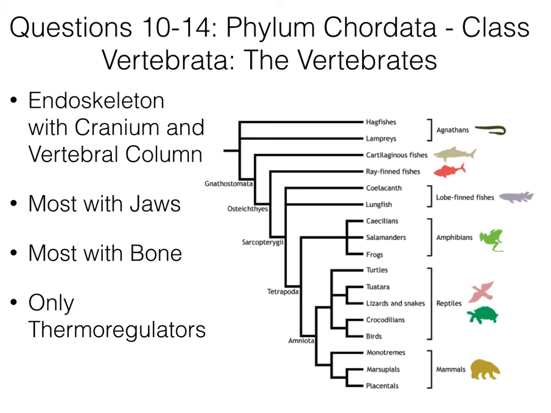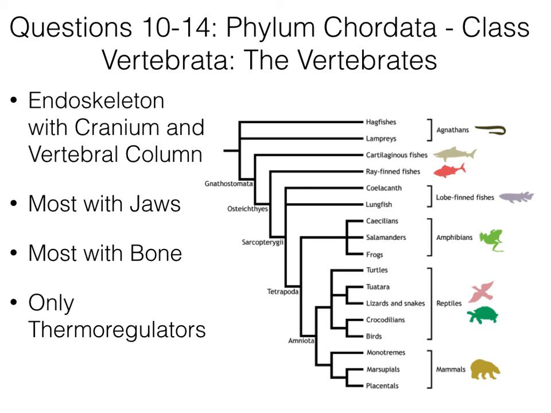Some vertebrates have an endoskeleton that then develops into bone later on. Whether it stays as cartilage or develops into bone, all vertebrates have what's called a cranium, right? What we think of as our skull. And they all have a vertebral column, which is what the notochord has developed into in the vertebrates.